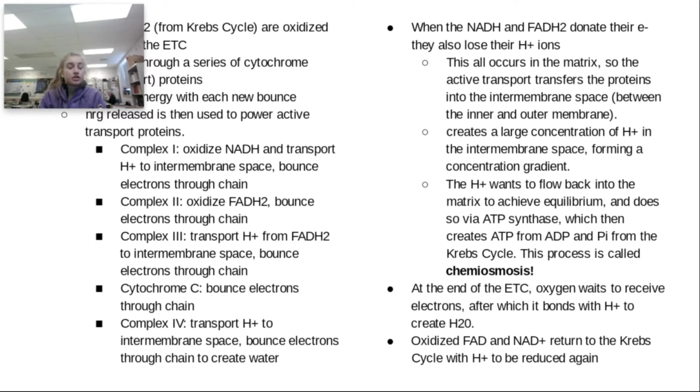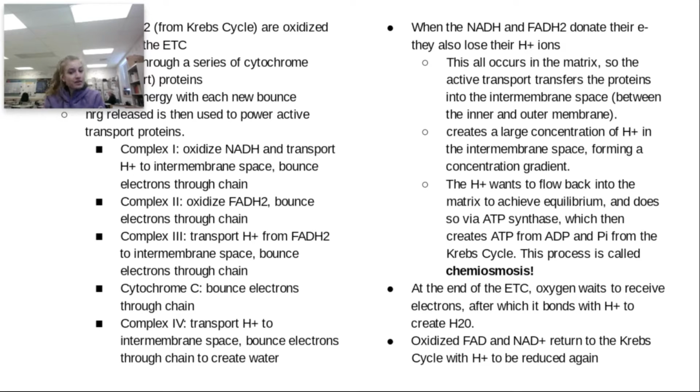This creates a large concentration of hydrogen ions in the intermembrane space, which forms a concentration gradient, and allows the hydrogen ions to want to flow back into the matrix, which it does through ATP synthase, which joins an ADP with a phosphate to make ATP. So this process, as a side note, is called chemoosmosis.